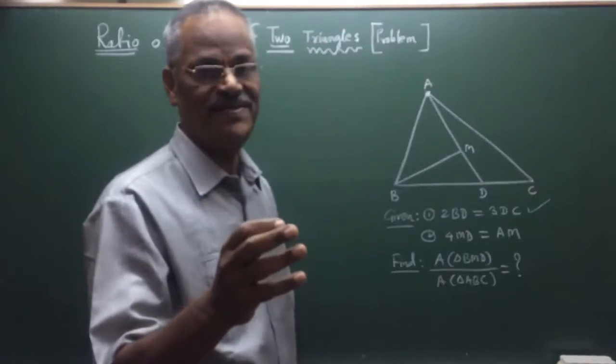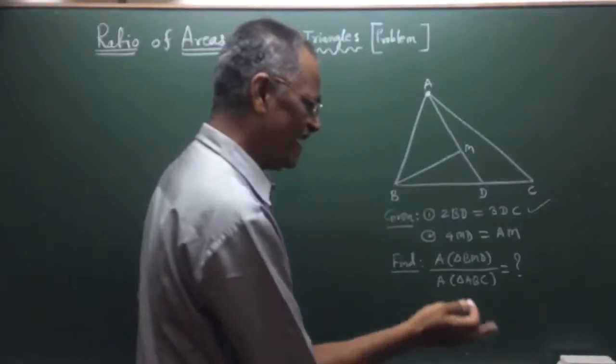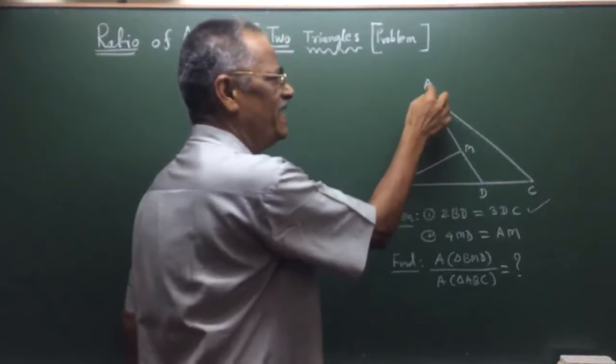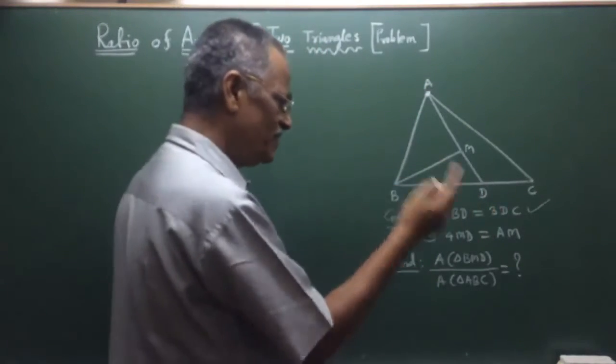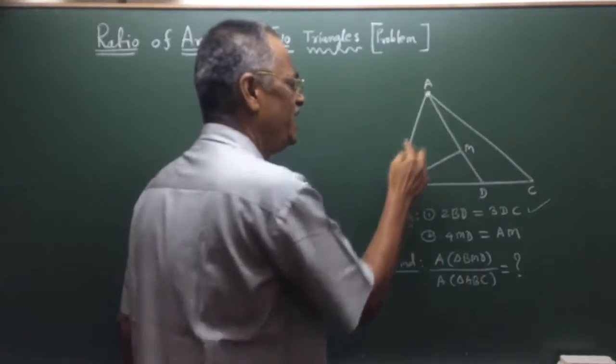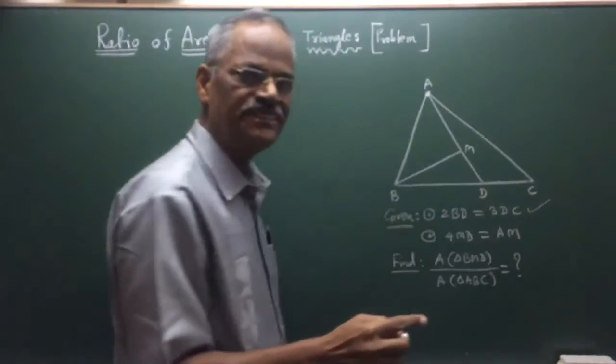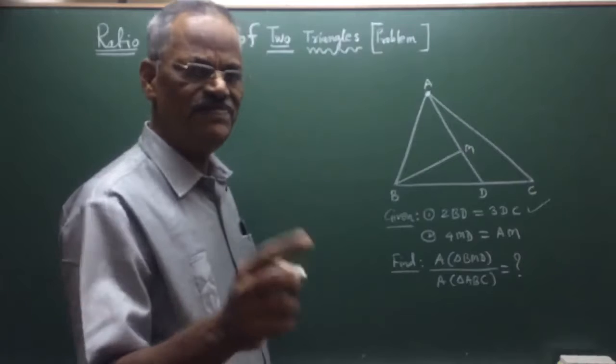So let us try to use this pair. The first triangle is ABD, and the second triangle is ABC.